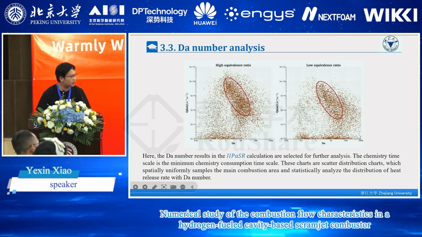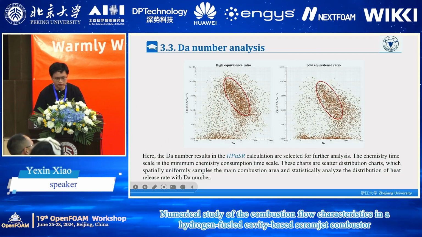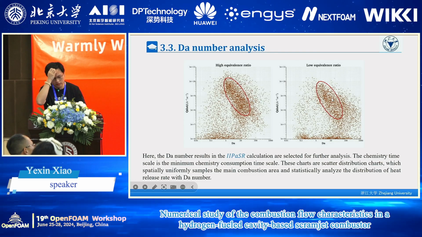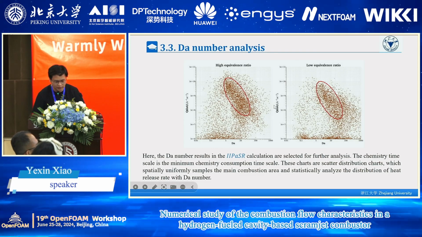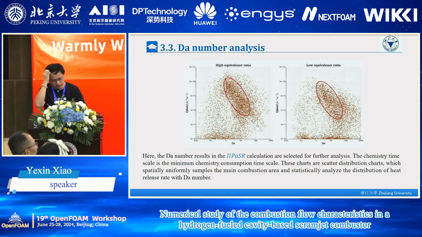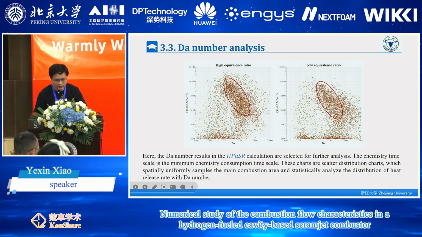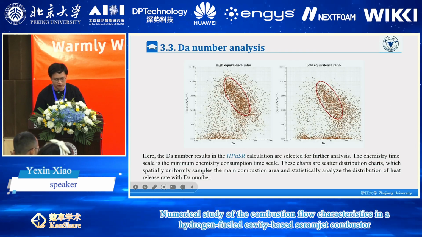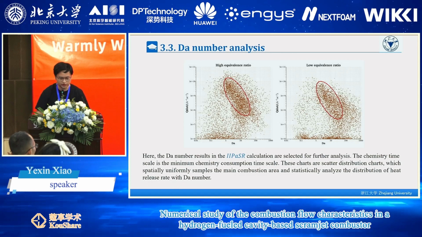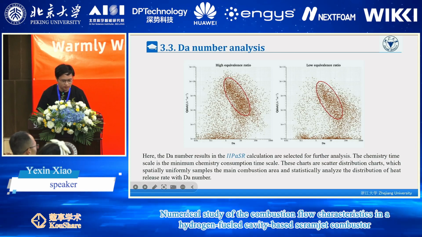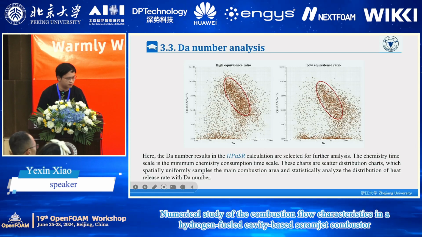These two diagrams show almost the same concentration here from Da number 1 to 100, but there are still some differences, because you can see in these two diagrams a slight rightward shift, where this area has more points.